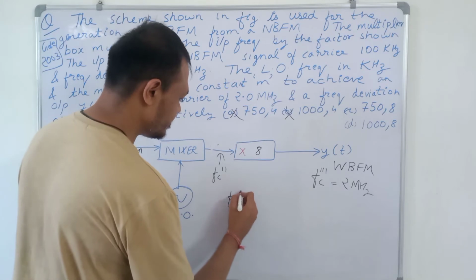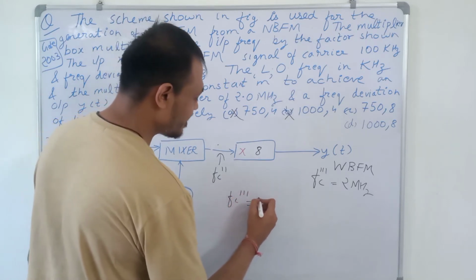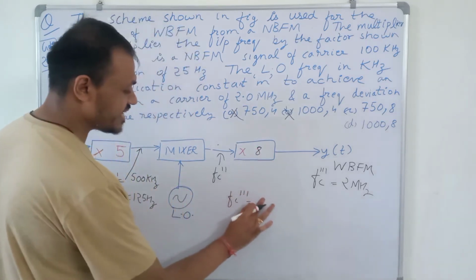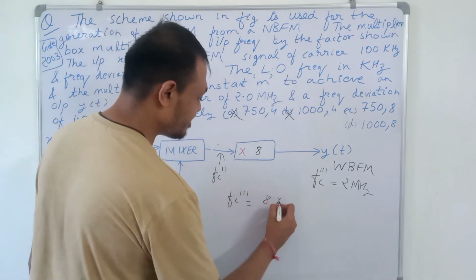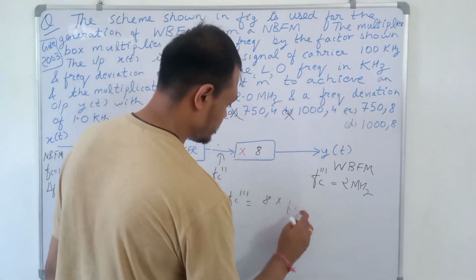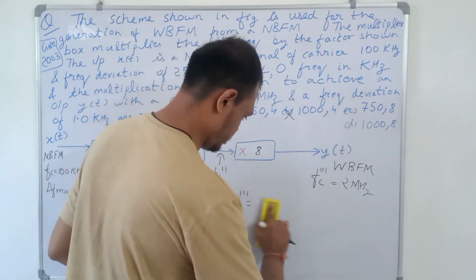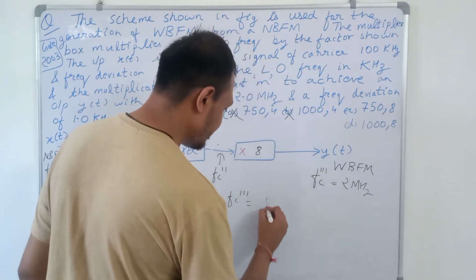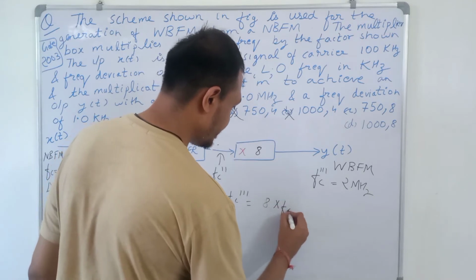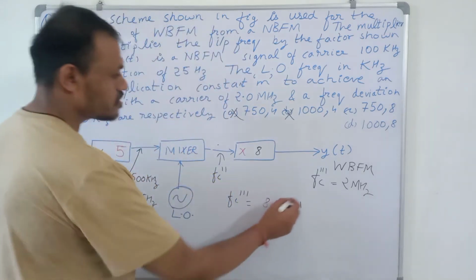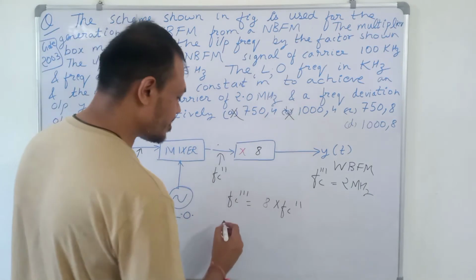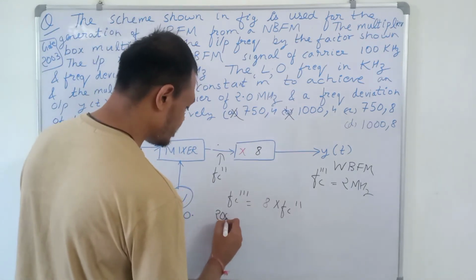So fc triple dash will be equal to m, and m value is 8, so 8 into fc double dash. fc triple dash is 2 megahertz, or we can say 2000 kilohertz.